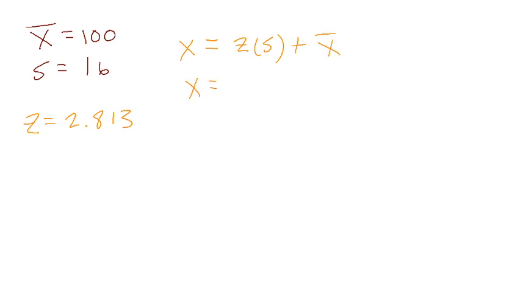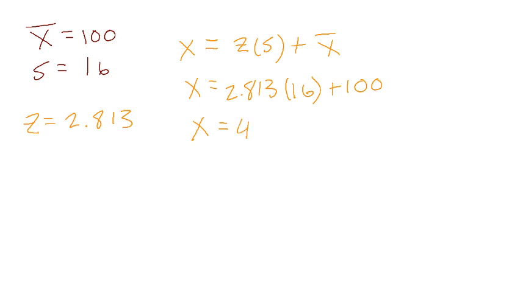If we work this out, we have a z of 2.813 multiplied by our standard deviation of 16 plus 100. X is equal to, we do this math here, and as always, I'll remind you to give it a try, even though this is a very simple calculation. At least make sure that we're in agreement. Take 2.813 times 16, which gives us something like 45.008.